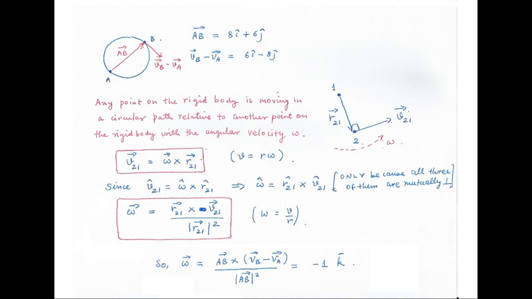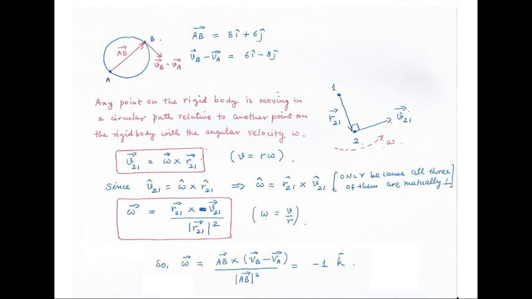But this is only valid if omega is perpendicular to r21. This is a very important condition for this relation to be valid. This is for planar rotation, where omega is always perpendicular to the vector r21. So the body remains in a plane, the body moves on a plane.